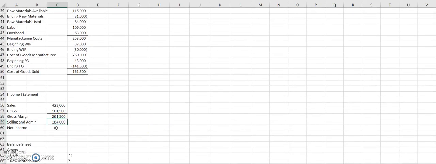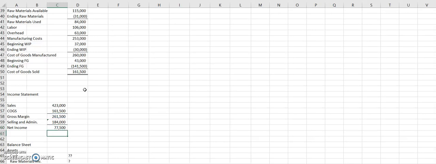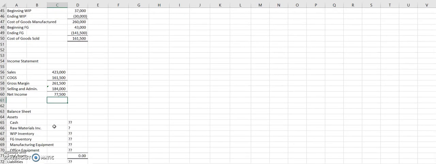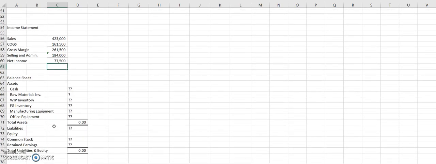So then our final step in looking at our income statement then is to just simply subtract off those operating expenses from our gross margin. So our gross margin minus those operating expenses gives us a net income of $77,500.